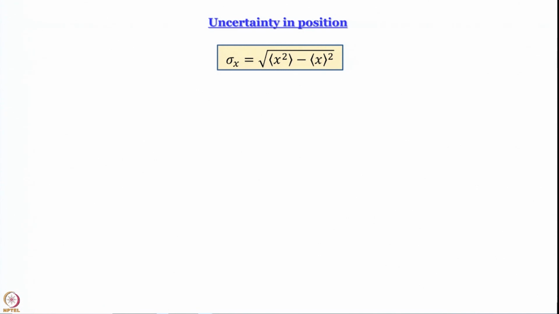We know that the mean position, which is this mean value of x for particle in a box, is L by 2, that is established previously already. Now let us work out what is this average value of squares. That will take a little bit of time and we are going to use integration by parts.